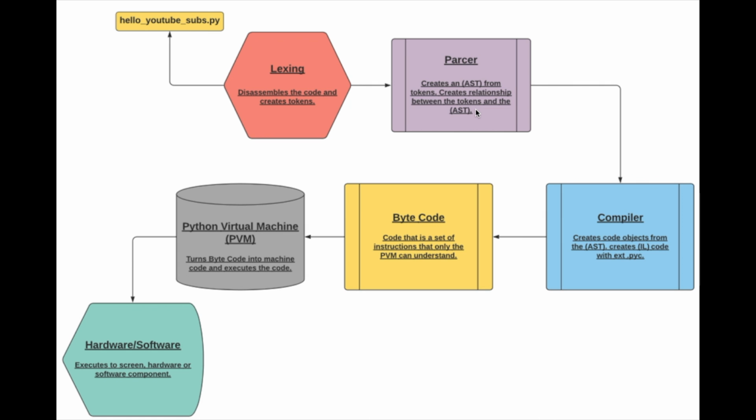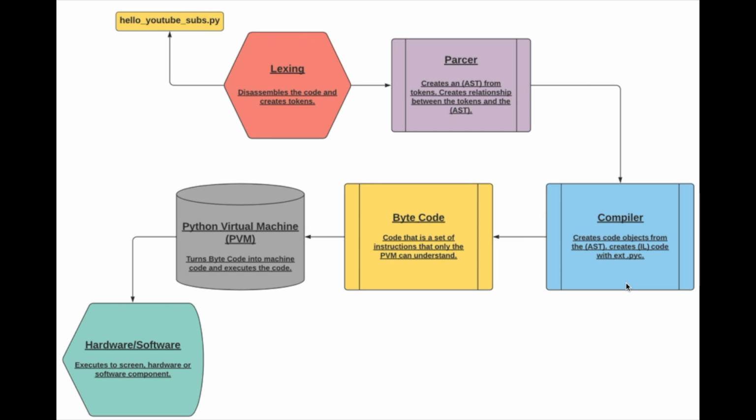The parser uses the tokens received from the lexer and creates a formation called an abstract syntax tree. The AST creates a relationship with the tokens. From there, the parser sends that AST to the compiler, which turns that AST code into code objects. The compiler then creates from those code objects a file format called bytecode.